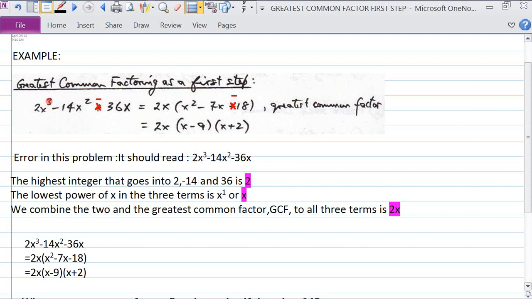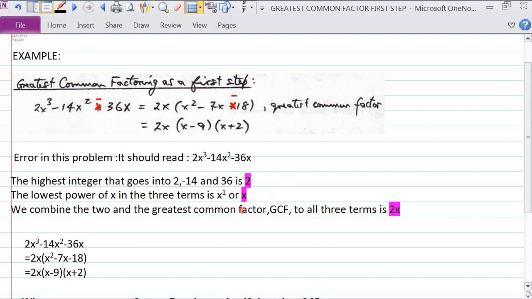Now I ask myself, I have x cubed, x squared, and x. So I always choose the lower power of x in the three terms, and that is x to the 1, or x. In other words, here there's a cube, here there's a squared, here there's a 1. I always choose the lowest one of the three.